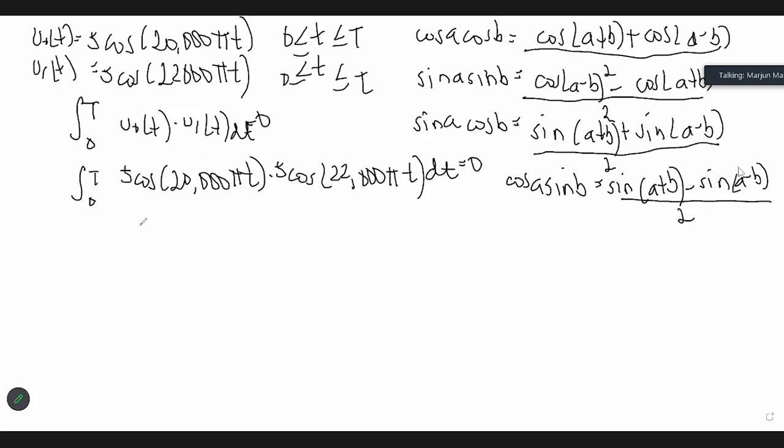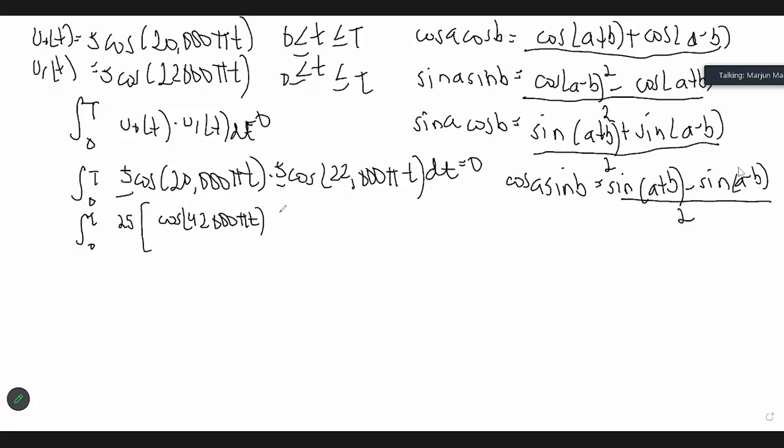So after that, nakita nyo, 5 and 5 can be multiplied. So that is the integral of 0 to t, 25. Then apply na natin yung trigonometric identity. So cosine, so that is 20,000 plus 22,000 is just 42,000 pi t.